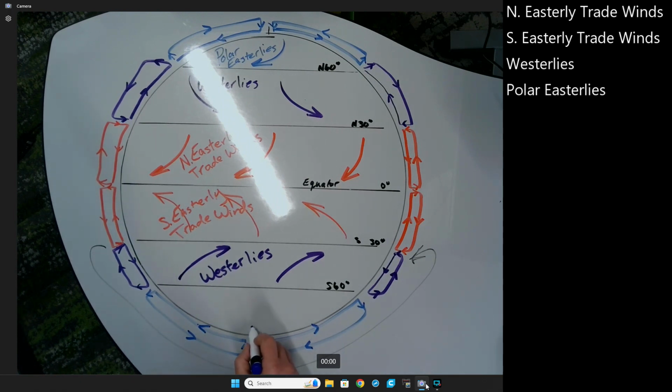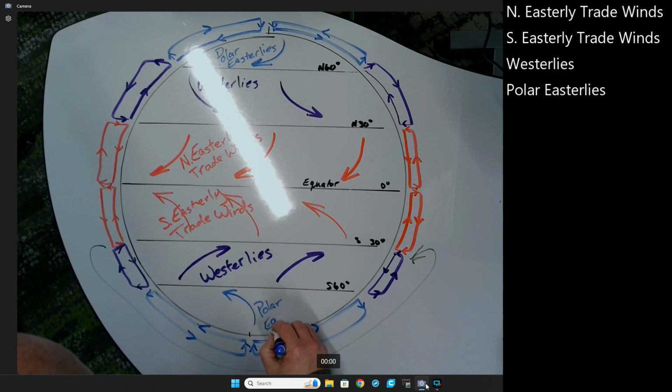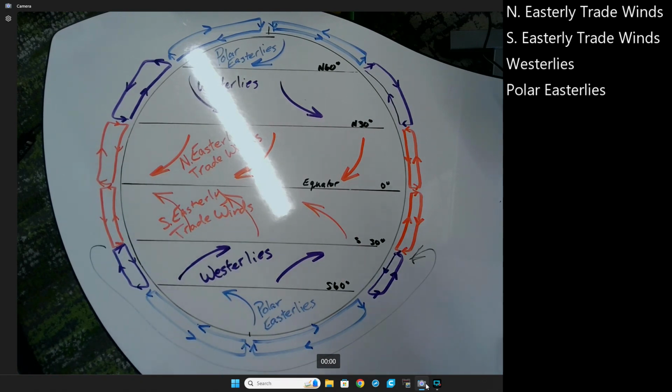And you're going to have them here too, the polar easterlies. Okay, now we've got those all labeled on there.